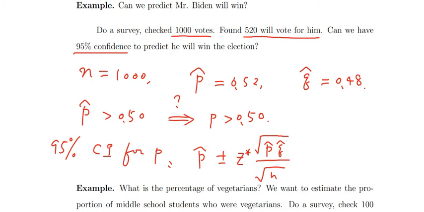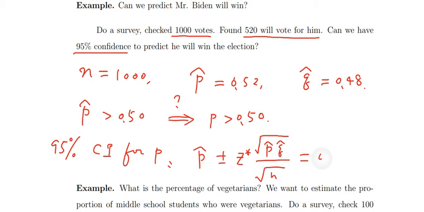Okay, so the square root of pq over n is sigma, right? So here we can replace sigma by this. So this z star at 95%, we know this can be 2 or 1.96, so we can plug it in here. Let's see.